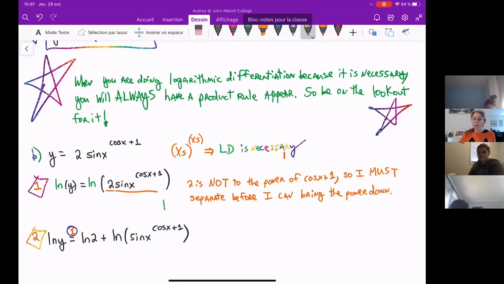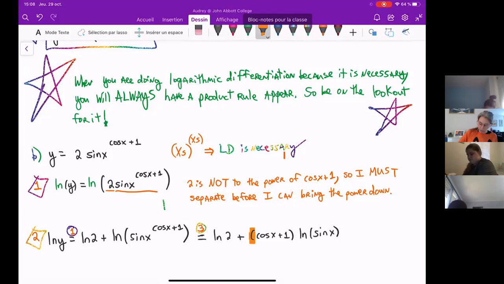Yeah, so now I can bring the power down. Everything inside of that thing is to the power. So now I'm doing my rule 3. And I get that this is ln 2 plus cosine x plus 1 ln of sine x. And I want you guys to be careful about those parentheses. These parentheses I put around the cosine x plus 1 are necessary. It is wrong without them.